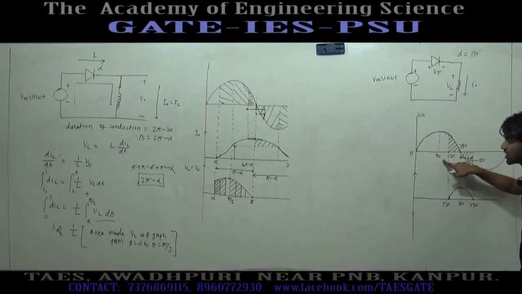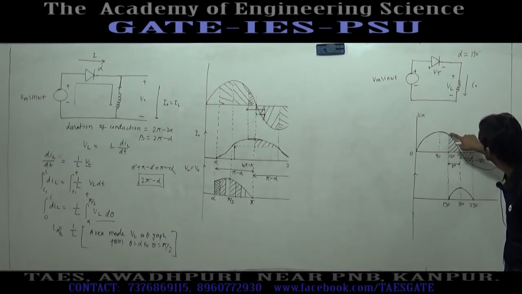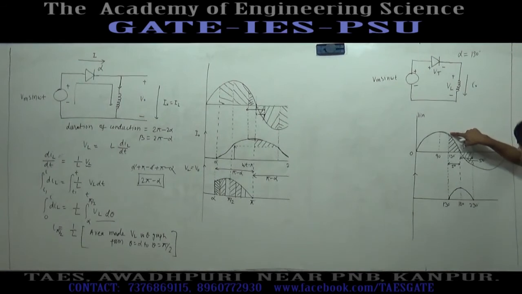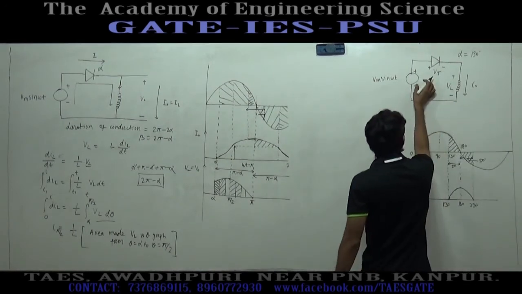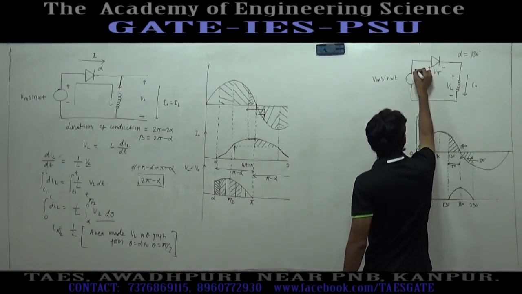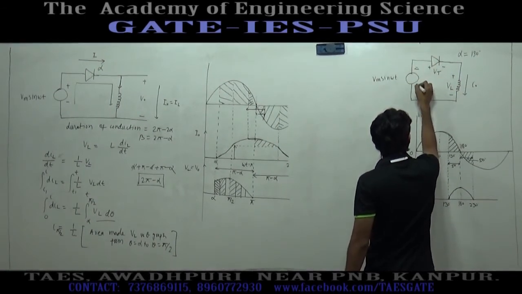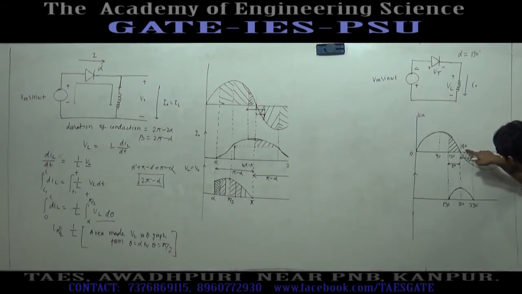So, from 0 to 130 degree it will be in forward blocking mode. After omega t equal to 130 degree it is given a triggering pulse. Hence, from omega t equal to 130 degree to omega t equal to 180 degree current will rise. Then after 180 degree the polarity of input voltage is reversed, that is this point is negative and this is positive. But after omega t equal to 180 degree current is positive, that means current is flowing in this direction.